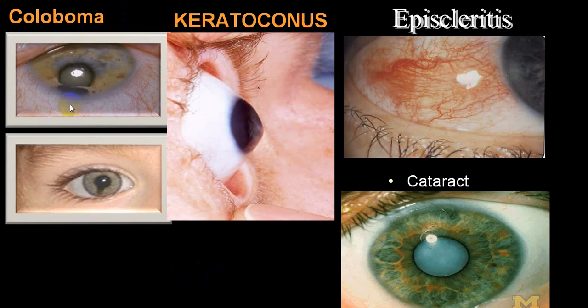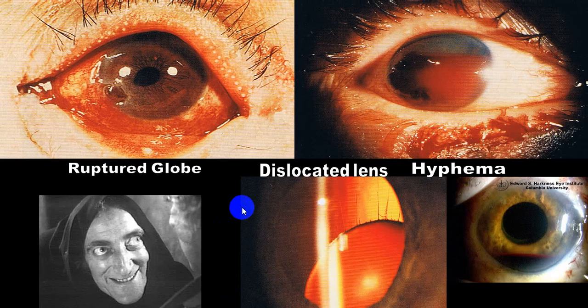So you can have a coloboma, which can also have effect. You can see there is a gap in the iris part. Here also there is a gap. This is a keratoconus, which can also have effect on acuity of vision. Scleritis, episcleritis, cataract, all this can have effect on acuity of vision.